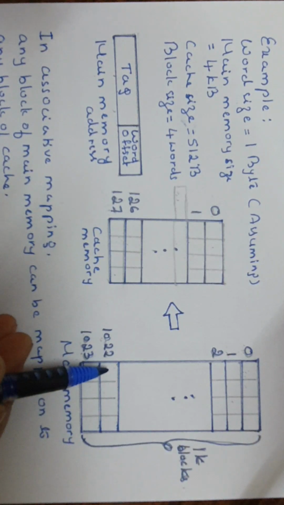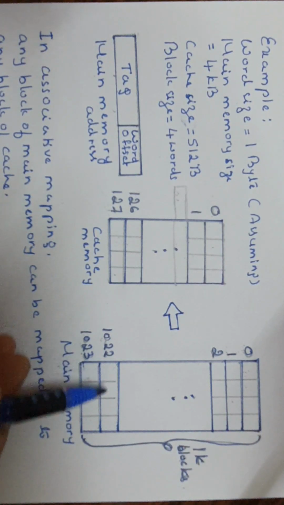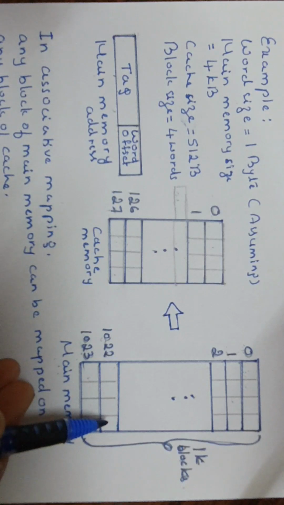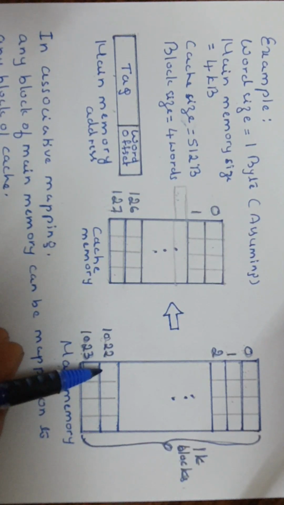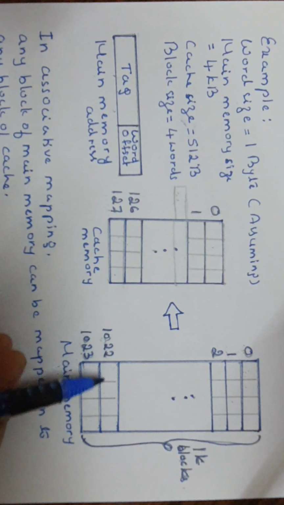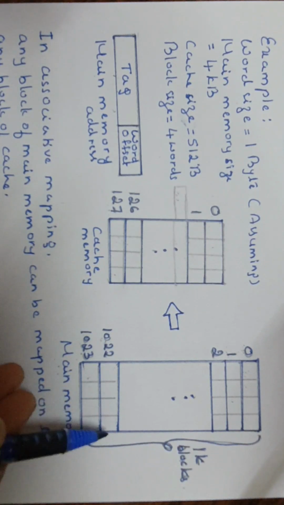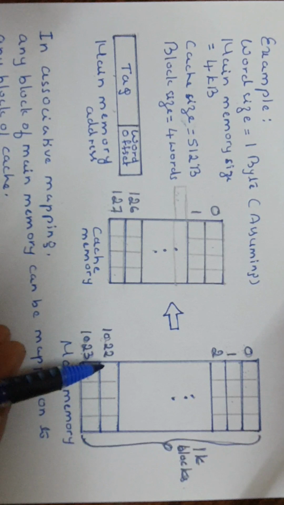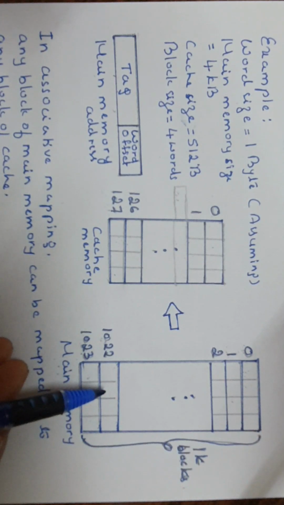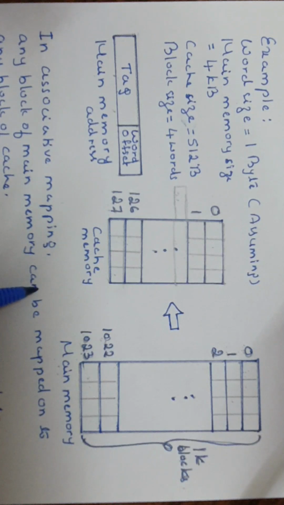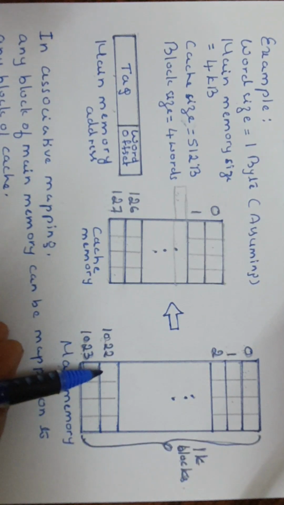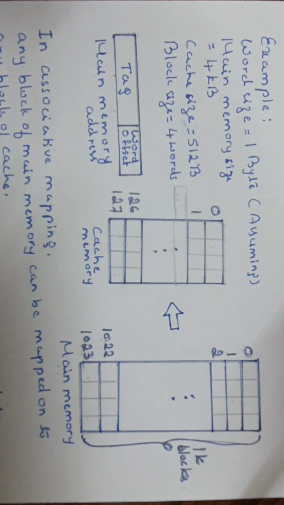What is the numbering of this? 0, this is 1, 2, 3. To represent 4 elements, 2 bits are required. Hence this is 00, 01, 10, 11. To identify the word in a block is called the word offset. To identify that, 2 bits are required.